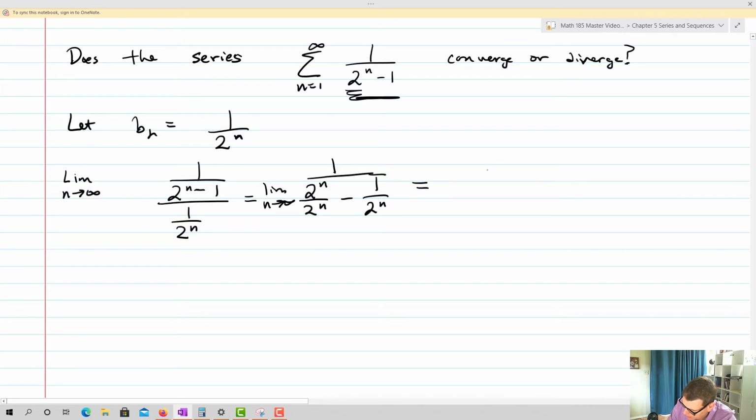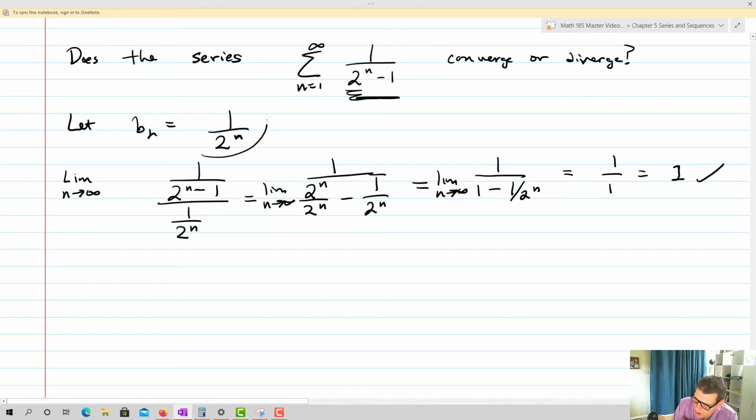And so this ends up equaling 1 over 1 minus 1 over 2 to the n, and we'll take that limit as n goes to infinity. And this is just going to end up equaling 1 over 1, which equals 1. Check. So it actually equals a value.